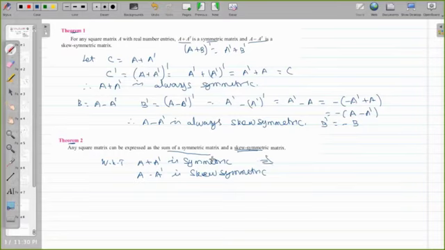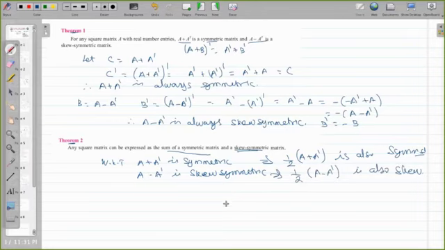Children, this implies half of A plus A dash is also symmetric. Then this implies half of A minus A dash is also skew symmetric. You agree with me? Because just multiplying by a number, the symmetric and the skew symmetric idea will never change. Just add them.